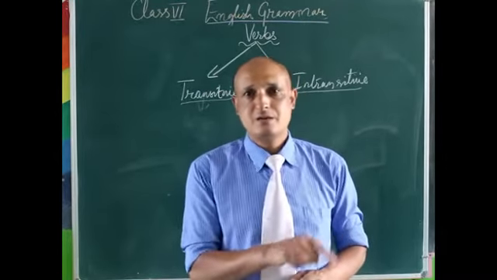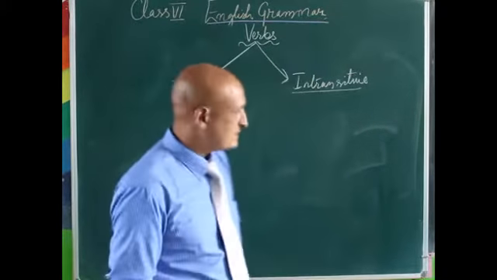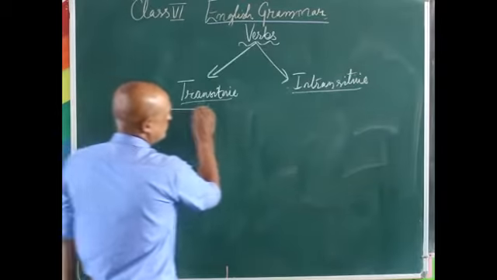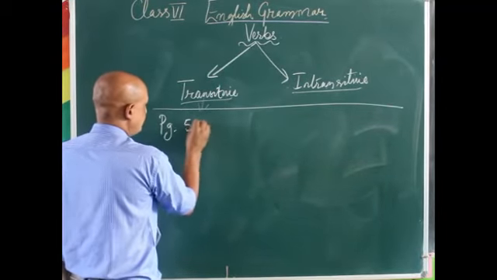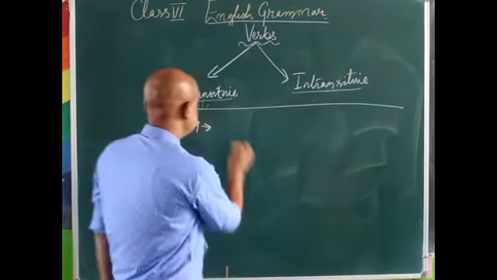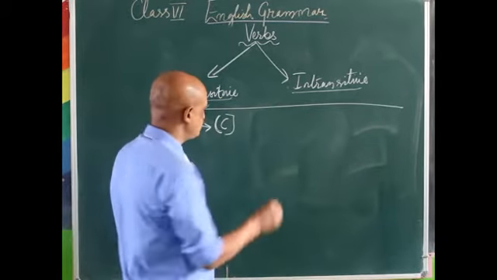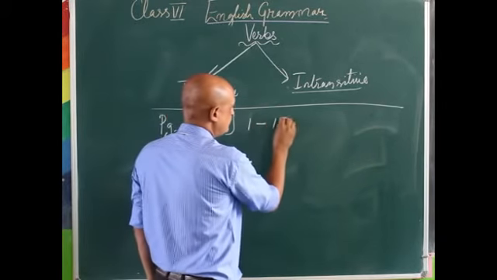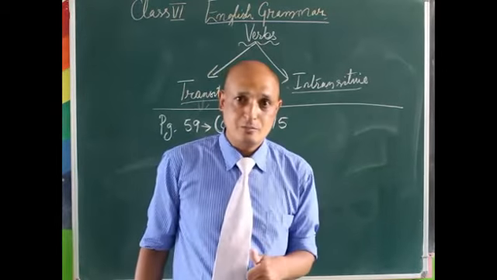In the next class, we will do the corrections in the class itself. The exercises for you will be page number 59. In page number 59C, there are questions from 1 to 15 where you have to find direct objects and indirect objects.